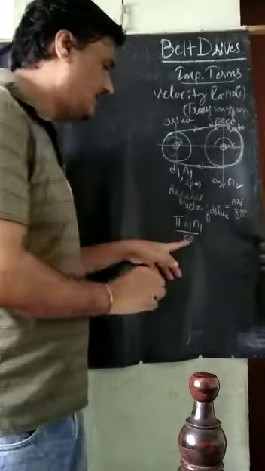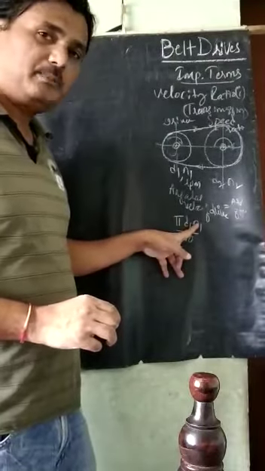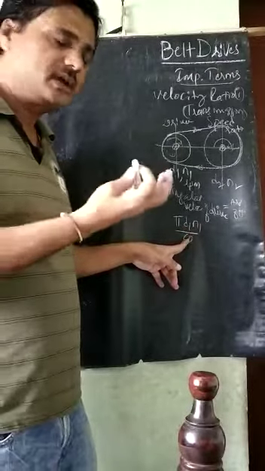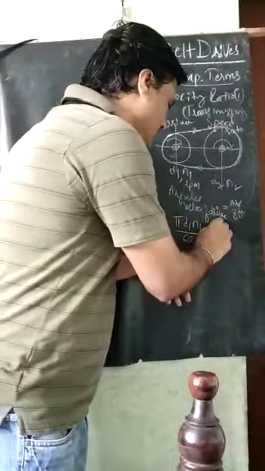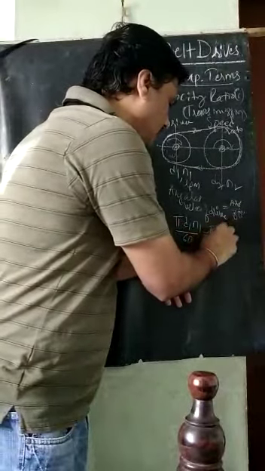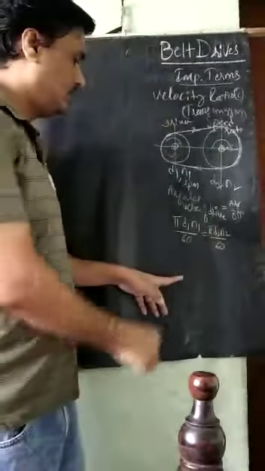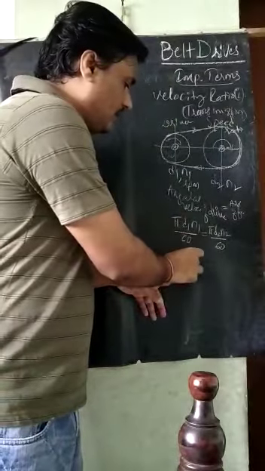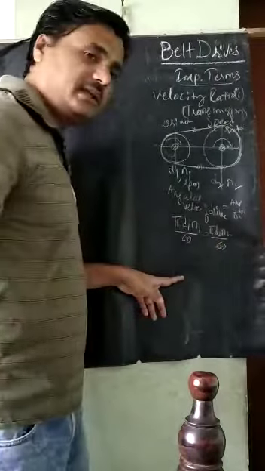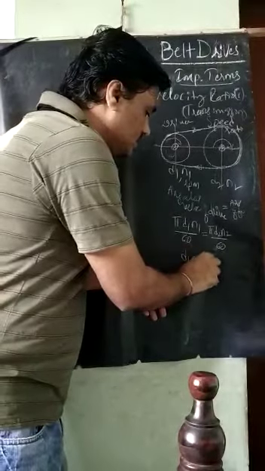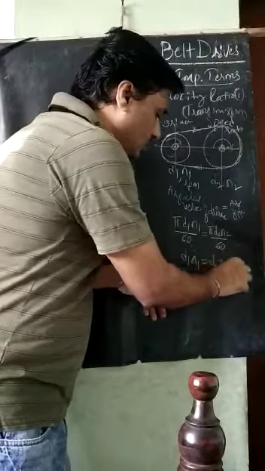Why 60? Because n is in RPM; to convert it into RPS we divide by 60. For the driver it is pi d1 n1 by 60, and for the follower it is pi d2 n2 by 60. The pi by 60 cancels, so d1 n1 is equal to d2 n2.